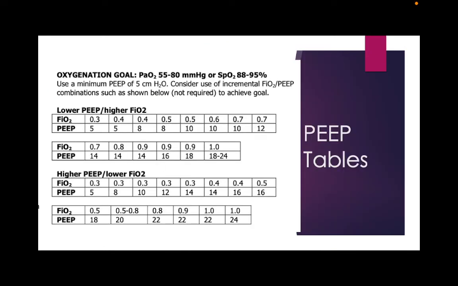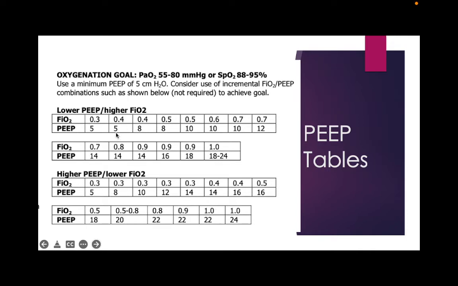So they have created these PEEP tables. This is the low PEEP one. This is the more common one. Again, low PEEP. What is the amount of PEEP it gets to? 18 to 24, okay? That's the low PEEP one. The difference between the low PEEP and the high PEEP is how quickly the high PEEP one goes up.